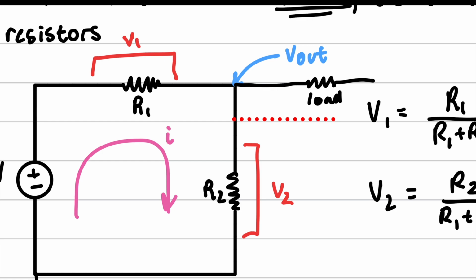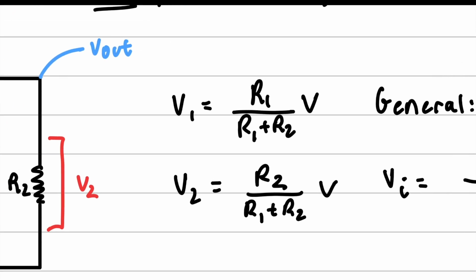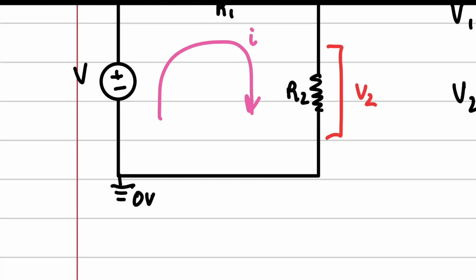Basically, you take a voltage that is split between these two resistors and the load receives that voltage. So we're going to learn how to calculate this right here. And of course this is relative to a specific ground that you pick.